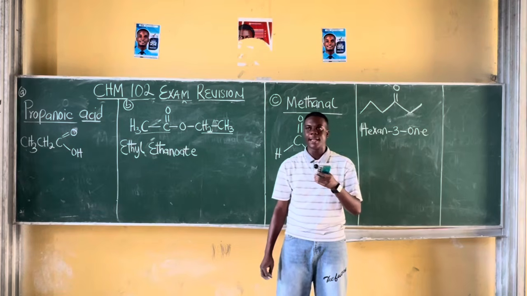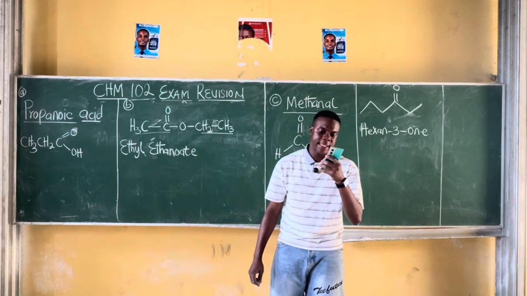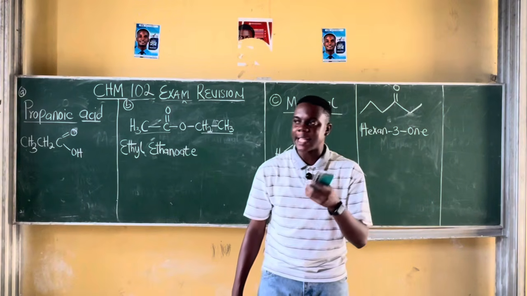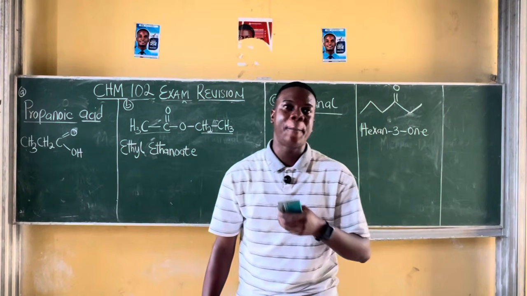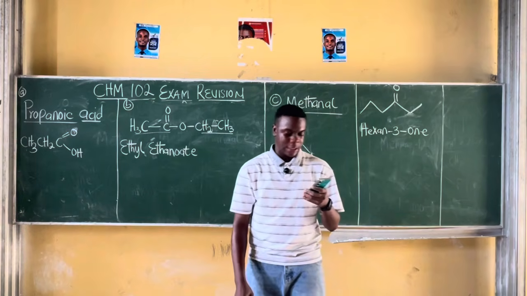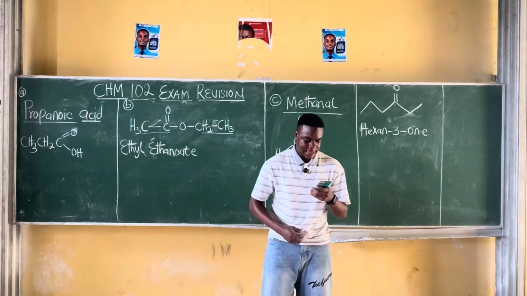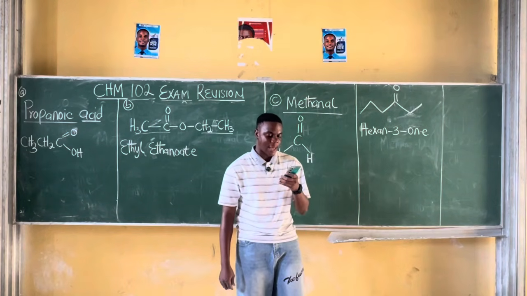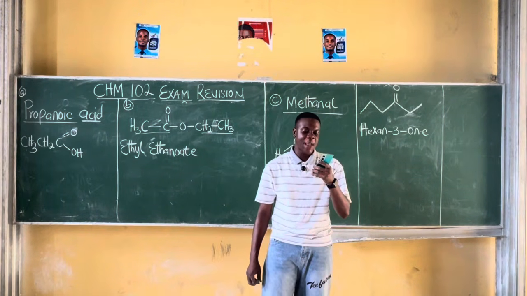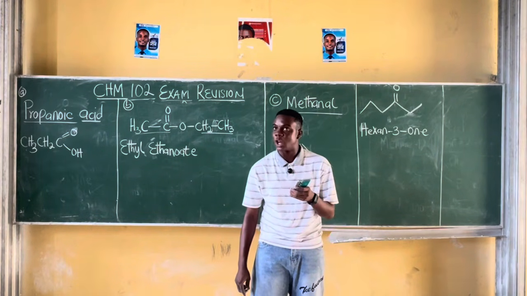The next question says, the instrument used to determine the molecular weight and fragmentation pattern of an organic compound is dash. Now you can see infrared spectrophotometer. That is wrong.